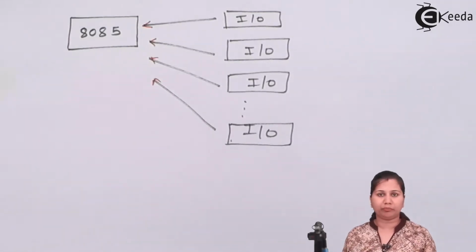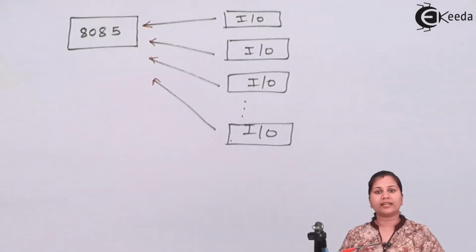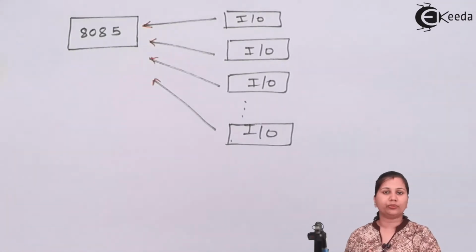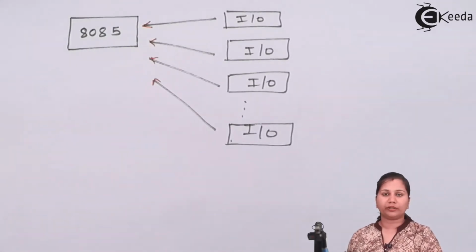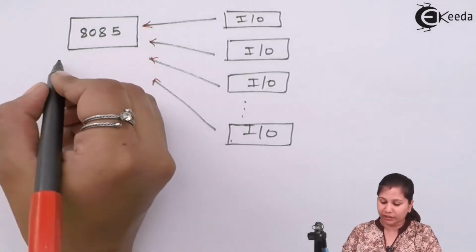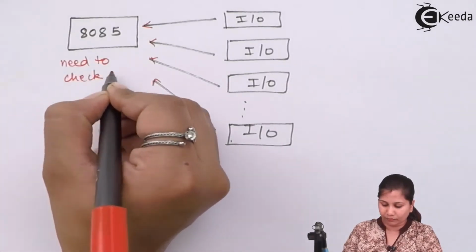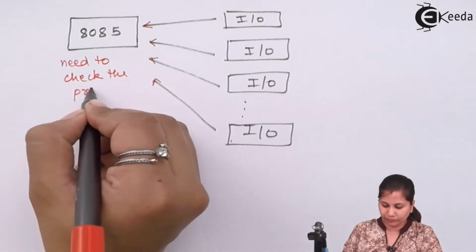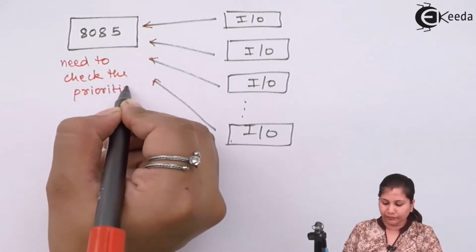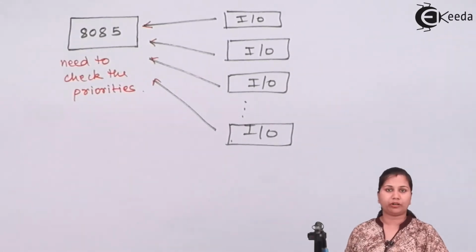Because there are many devices, it has to check the priority, to find which input output device has the highest priority. It will first communicate with that one, and then according to the priorities, it will transfer data or communicate with the other devices. So the 8085 needs to check the priorities, and also receive the interrupt signal from all these input output devices.